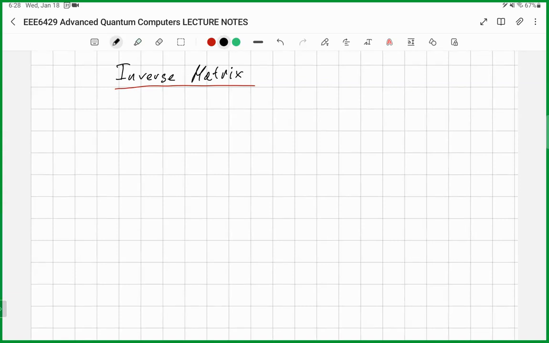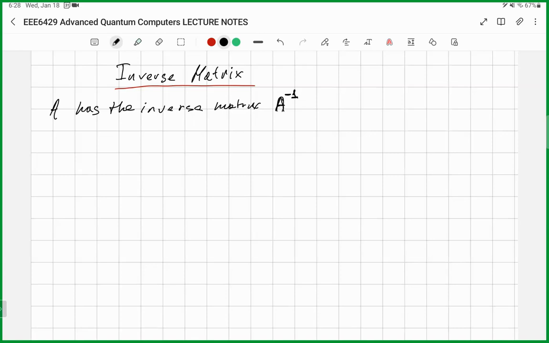So what is an inverse matrix? Let's say we have a matrix A, and we say that this matrix A has the inverse matrix denoted by A minus 1 here.